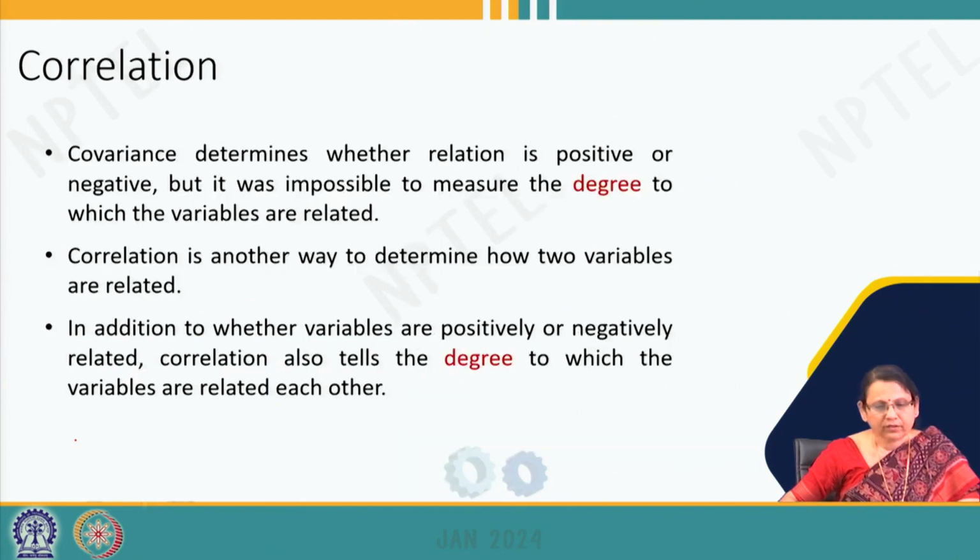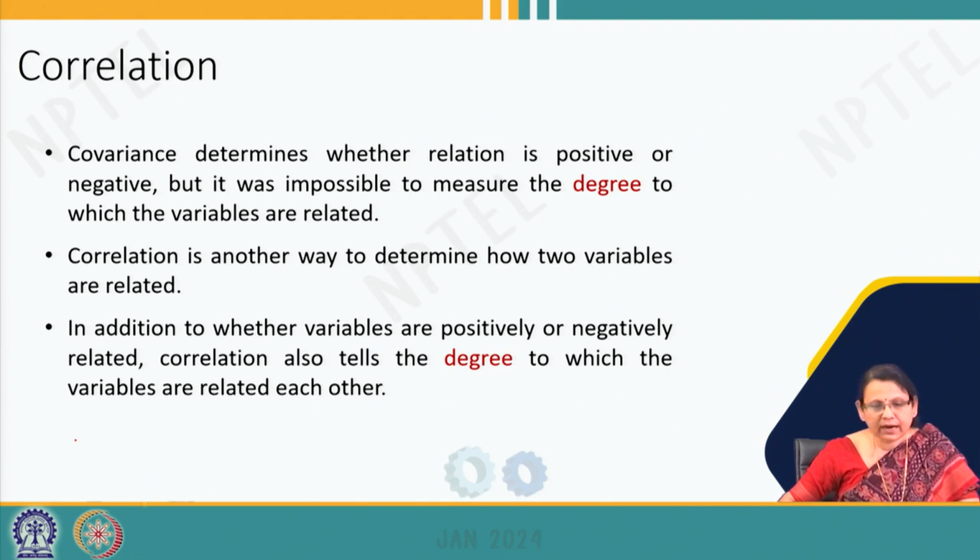Now, the problem with covariance is that it can only say whether the relationship is positive or negative, but it cannot say to what degree they are related, how much positive and how much negative.